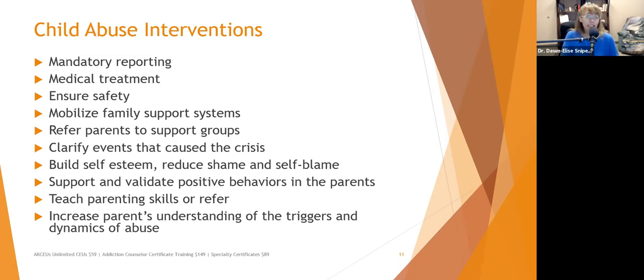Teach parenting skills, or if you don't have the time or ability to do that, refer. And increase parents' understanding of the triggers and dynamics of abuse so they understand what sets them off and what they can do in order to prevent it. So vulnerability prevention, as well as distress tolerance and interventions to make sure that abuse doesn't continue.